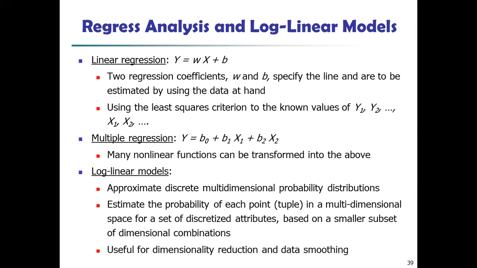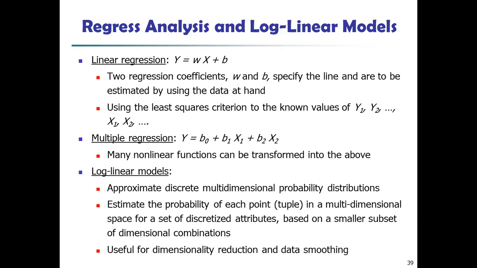Regression analysis and log linear models: linear regression and multiple regression. Here you have to see the diagram. First, two regression coefficients, that is W and B. These two coefficients specify the line and are estimated by using the data at hand, using the least squares criterion on the known values y1, y2, x1, x2, and so on. So in this linear regression method, the y value is always depending on the x value.